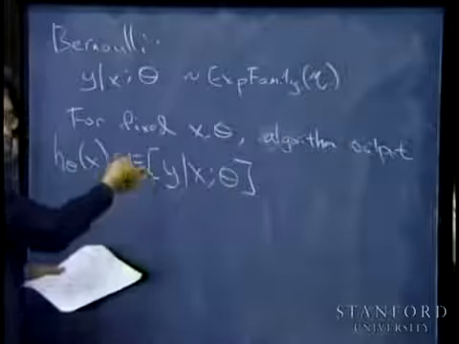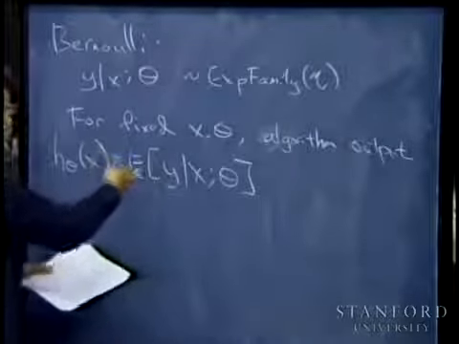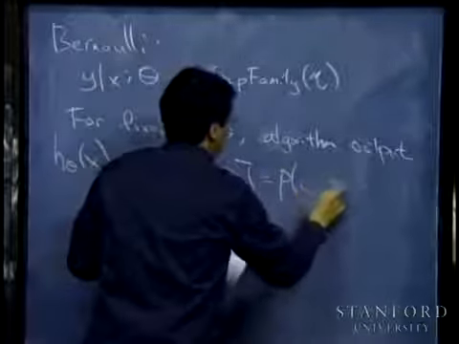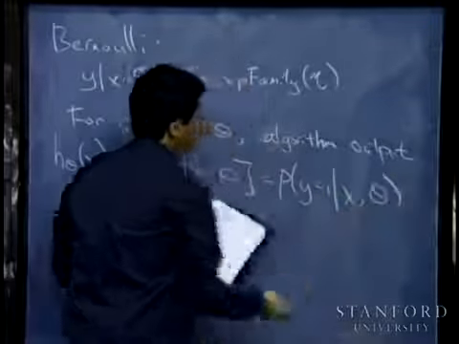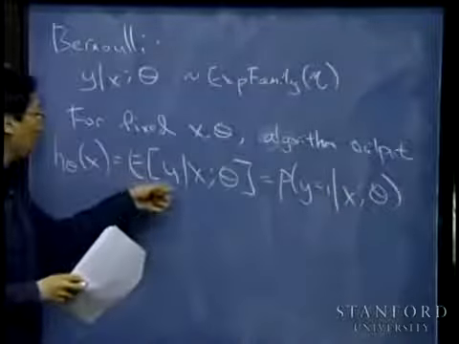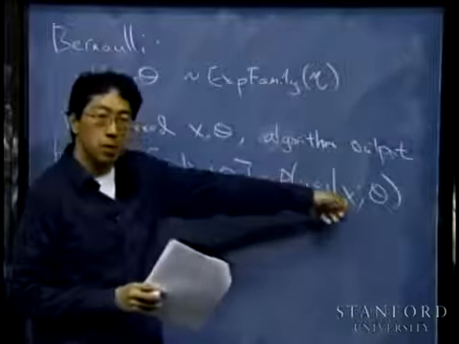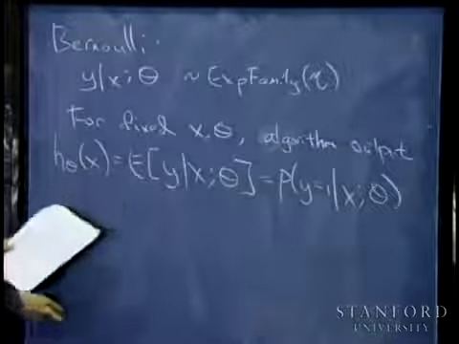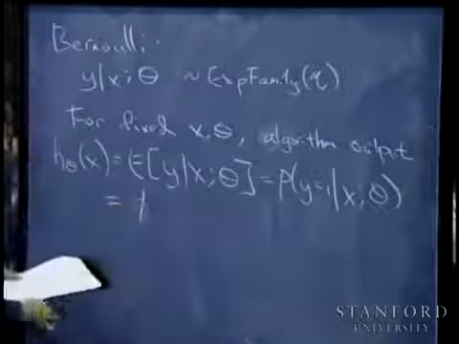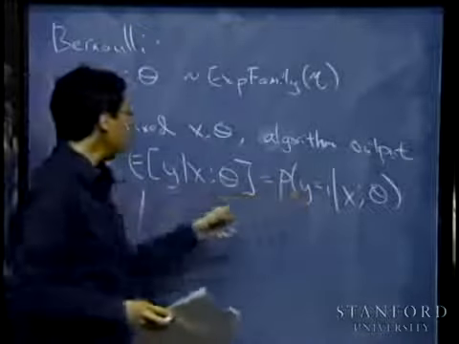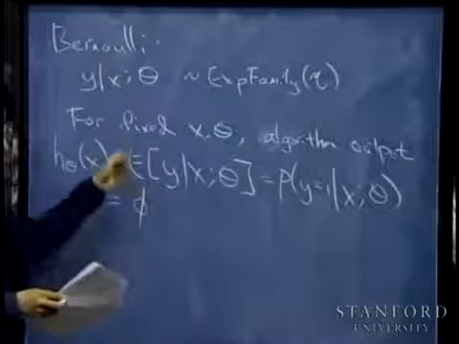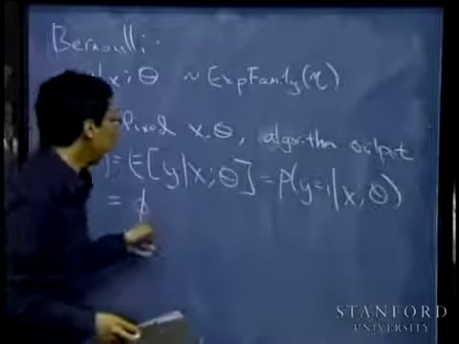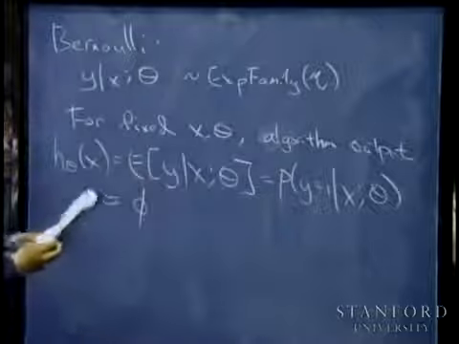When y can take on only the values 0 and 1, then the expected value of y is just equal to the probability that y is equal to 1. So the expected value of a Bernoulli random variable is just equal to the probability that it is equal to 1. And the probability that y equals 1 is just equal to phi, because that's the parameter of my Bernoulli distribution.